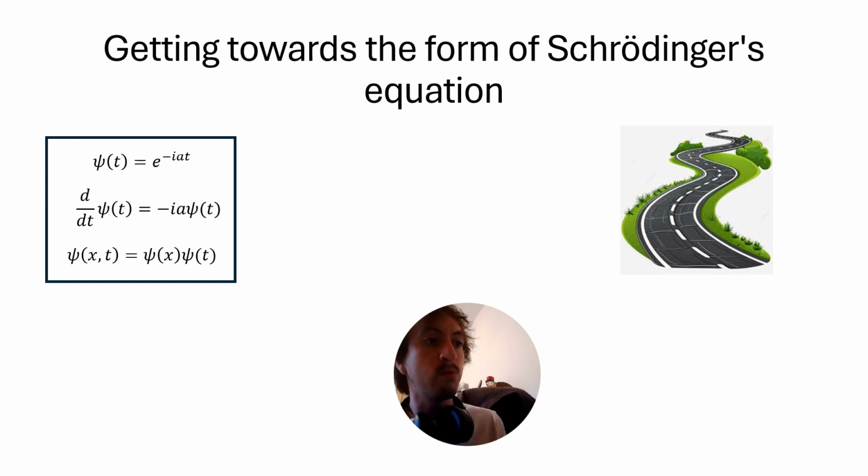If we want to work out how our overall wave function changes, we remember that our overall wave function is equal to psi of x times psi of t. Psi of x is importantly time independent, so all the change occurs in psi of t, and psi of t evolves according to our middle equation.